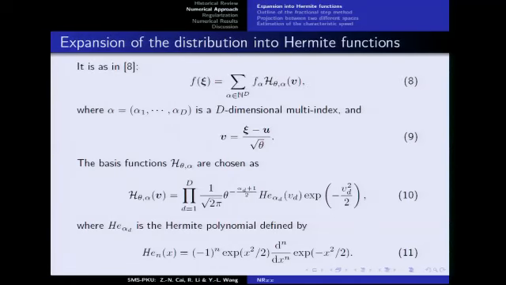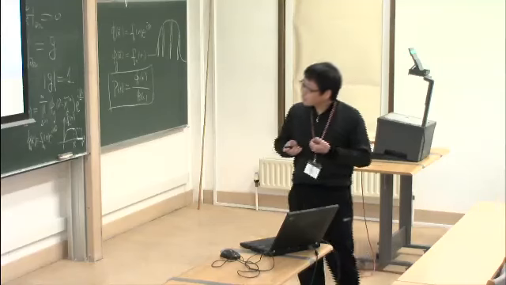Let's expand the distribution function using Hermite polynomials as basis functions. The only thing we do differently from Grad is that we introduce a scaling factor here, and all the other things are the same.